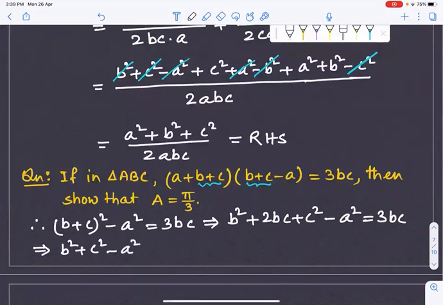Why am I keeping it like this? Because I have to find the value of A, and you see how I am getting it, is equal to BC, because I am having a 2BC here and 3BC here. It will go that side, it will become BC.